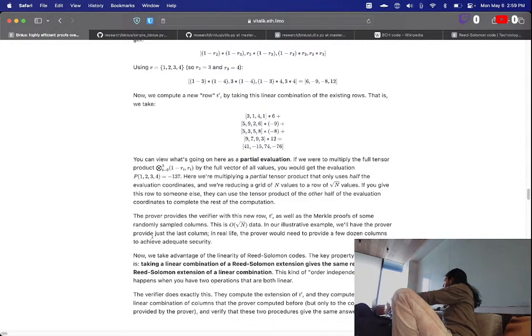And the value in the bottom right of this 4x4 grid is going to be R1 times R2 times R3 times R4. The idea is that the way you calculate this sum, putting these numbers in this grid and multiplying each number by either 1 minus R1 or R1 times 1 minus R2 or R2, is that you can break it up into the last two and the first two. You do the last two on the rows and the first two on the columns. At the end, this computation gives you the same value, but you can split it in two. That lets you do some interesting optimization or ZK proof stuff, which is what Binius is trying to do. Does that make sense?